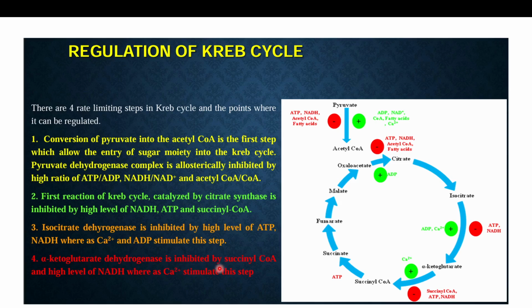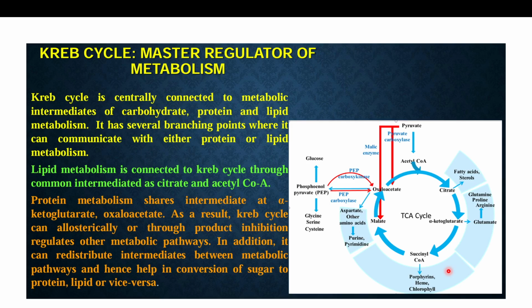Alpha ketoglutarate dehydrogenase is inhibited by succinyl coenzyme A and high levels of NADH, whereas Ca2+ actually stimulates this conversion of alpha ketoglutarate to succinyl coenzyme A. Okay, so the levels of all these different moieties either inhibit or promote the forward conversion. So the Krebs cycle or TCA cycle is called the master regulator of metabolism.